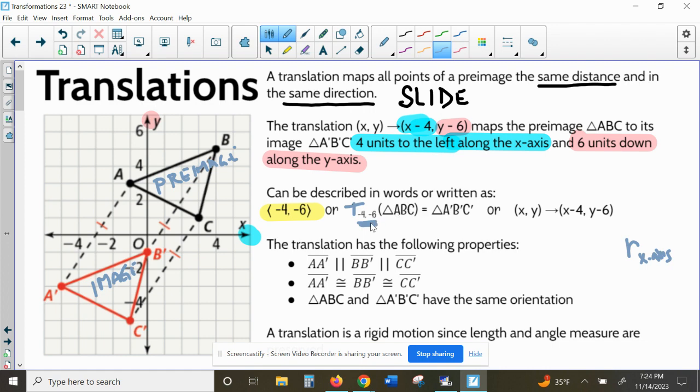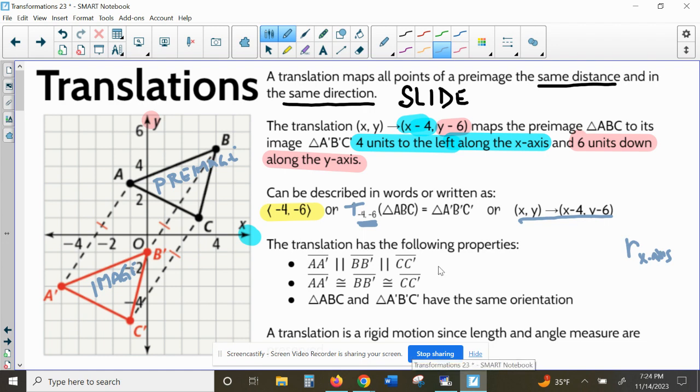It looks similar. It's basically like moving that triangle, and the new result is A prime, B prime, C prime. Or you can write it like they did up at the top, like this. That means I'm taking any point x, y, and I'm moving the x coordinate negative 4 spaces, and I'm moving the y coordinate negative 6 spaces. So that's what that means.